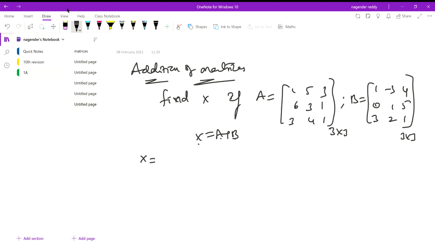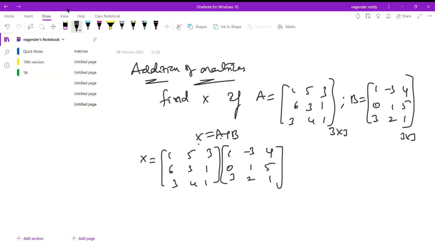Let us go for A plus B. A means 1 5 3, 6 3 1, 3 4 1, and B is 1 -3 4, 0 1 5, 3 2 1. While you are going for addition, the first element is to be taken along with this element, that is 1 plus 1.